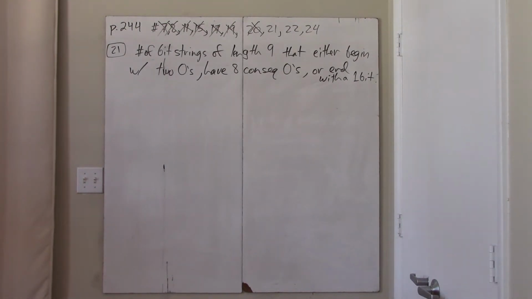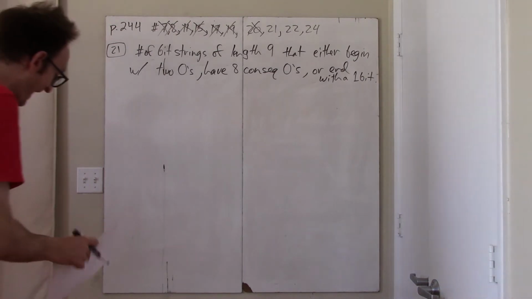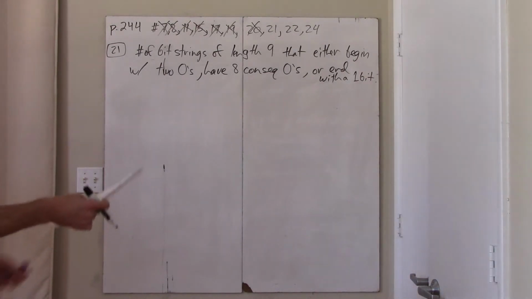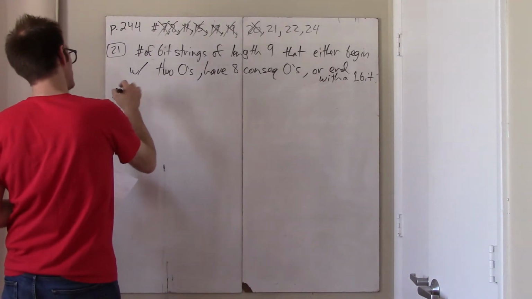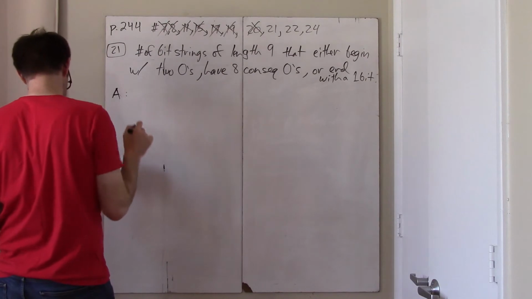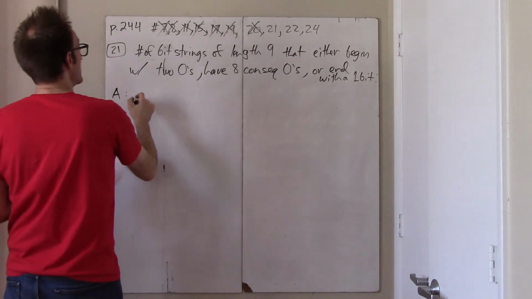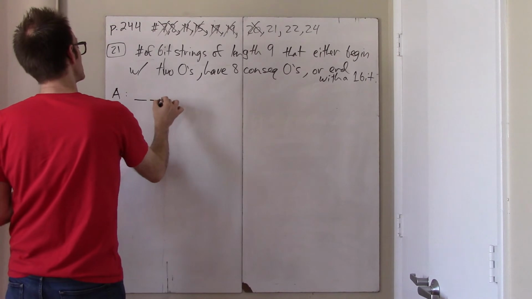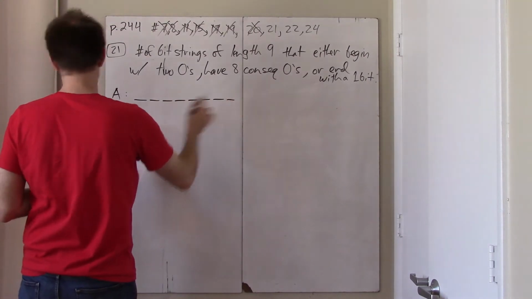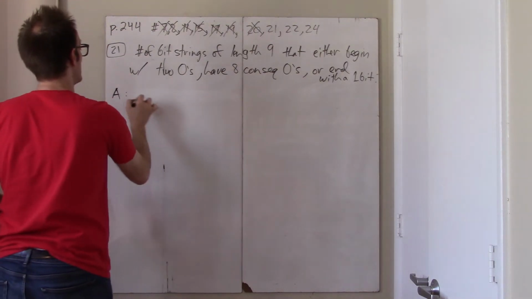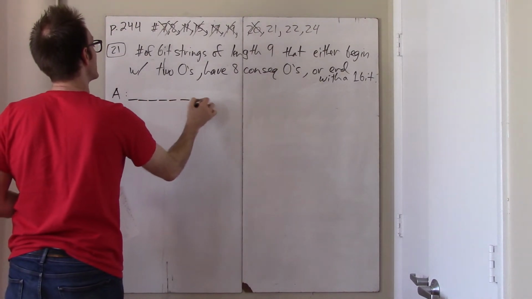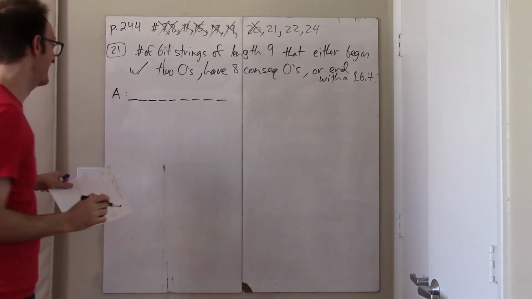Well, based on our previous analysis, we should divide these 3 sets up into 3 different properties. Consider the first property, beginning with 2 zeros. This is a string of length 9, so 1, 2, 3, 4, 5, 6, 7, 8, 9.